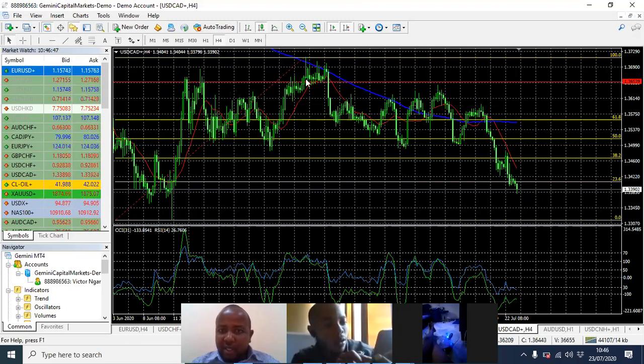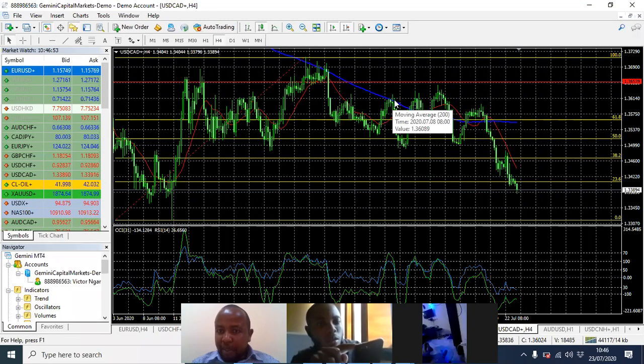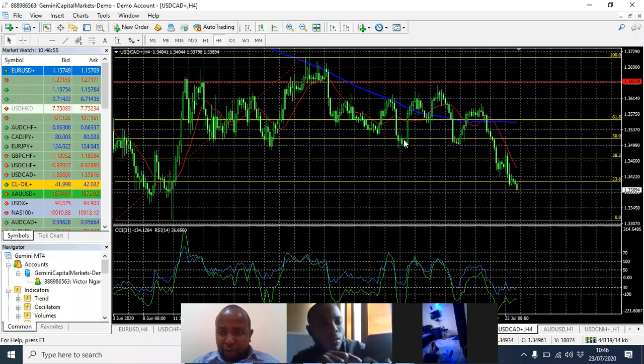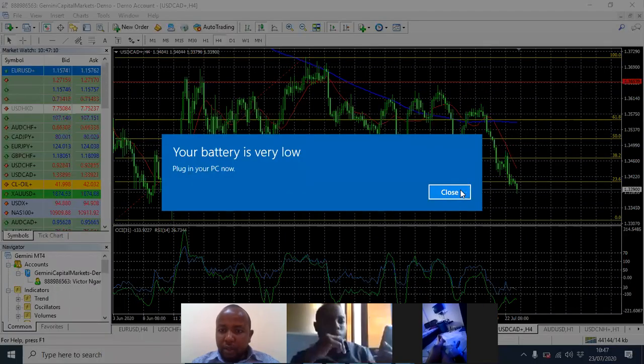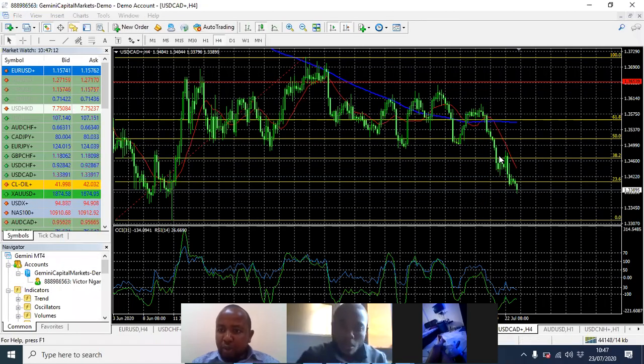Then the market retraced up to 100, came back to 61, almost dropped, came back up near our moving average, then to 50, then around 61. This was our main resistance area. Then it came back to 50, then 61 again, and then the drop happened. You can see it broke 61, broke 50, and also broke 38.